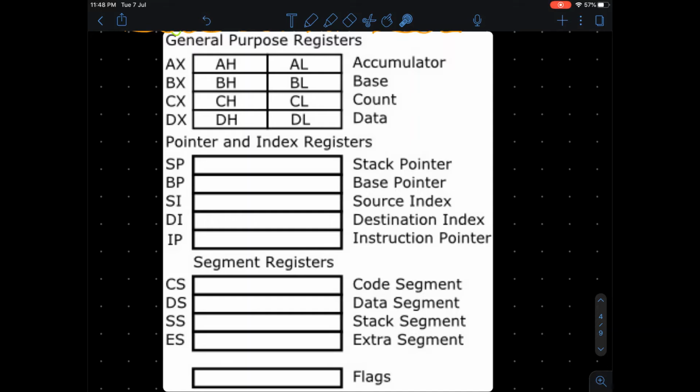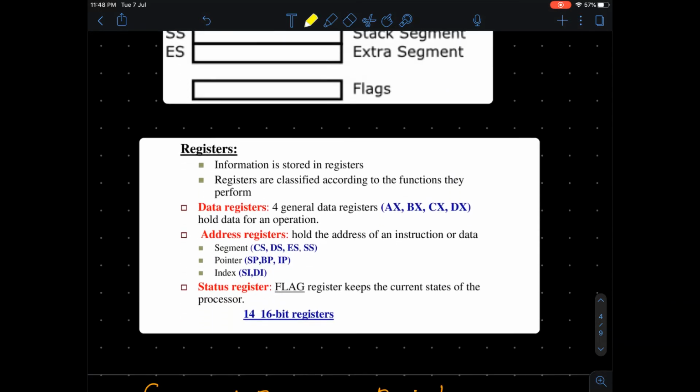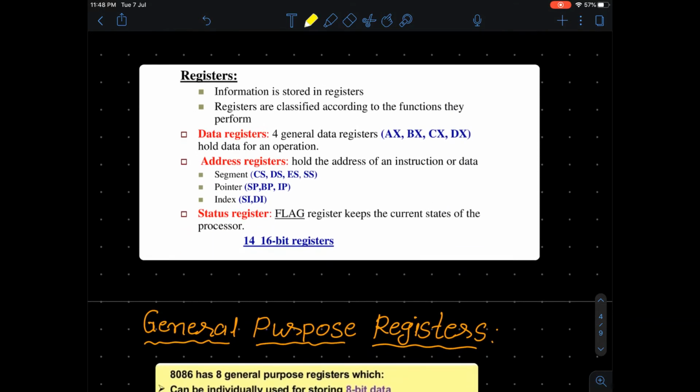Now these registers are broadly classified into 3 categories. Data registers, namely AX, BX, CX and DX.